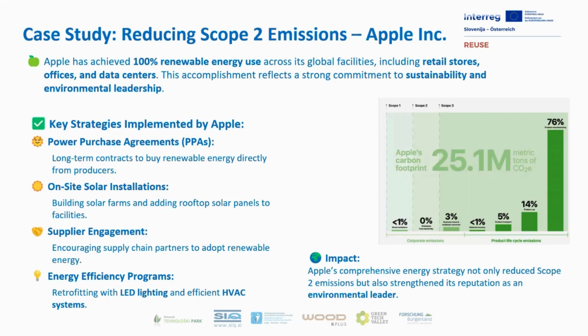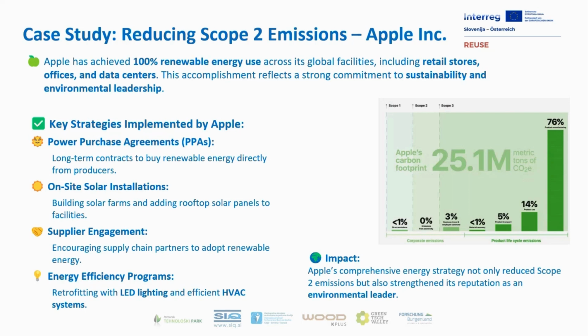First, Apple secured long-term contracts to purchase renewable energy directly from energy producers. These are called power purchase agreements, or PPAs, and they ensure that Apple's energy needs are covered with clean electricity while also significantly reducing their carbon footprint.